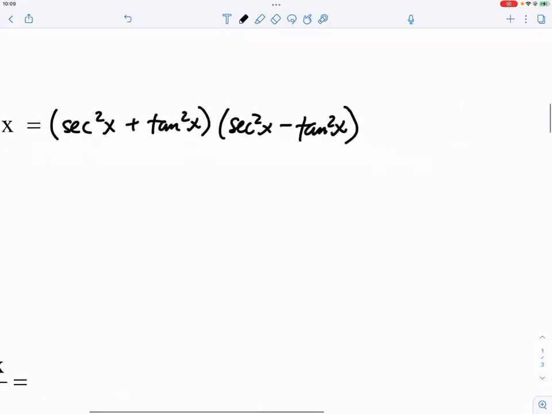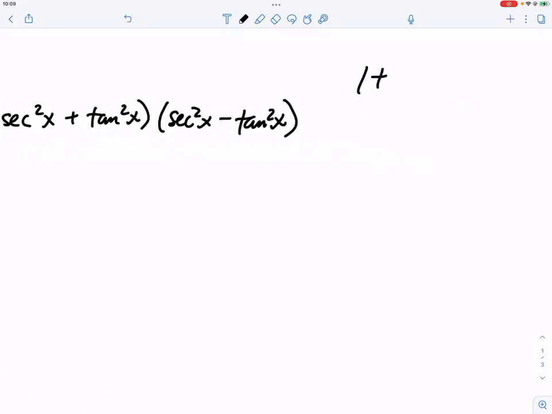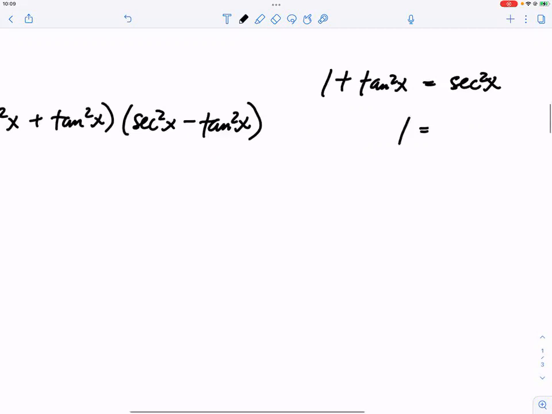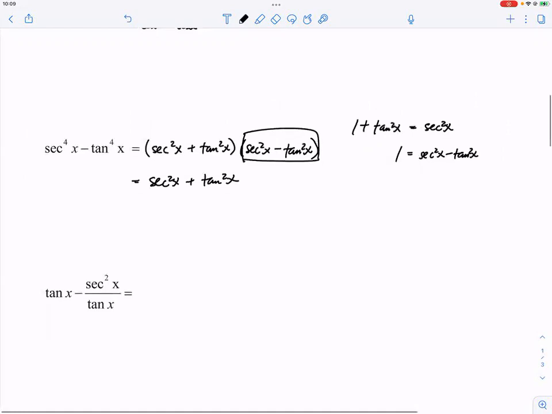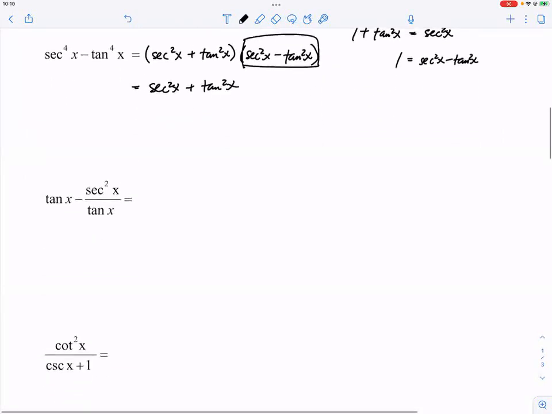And then because of the identity that 1 plus tangent square x equals secant square x, if you manipulate the terms, you have 1 equals secant square x minus tangent square x. This is essentially 1. So your answer is, ta-da, this. Okay, nothing more we can do.